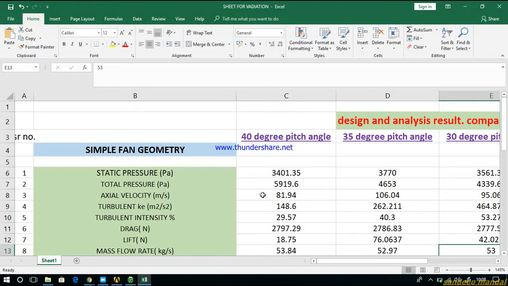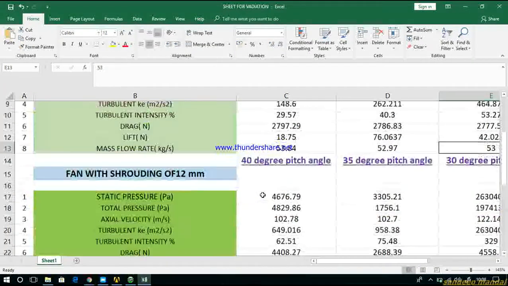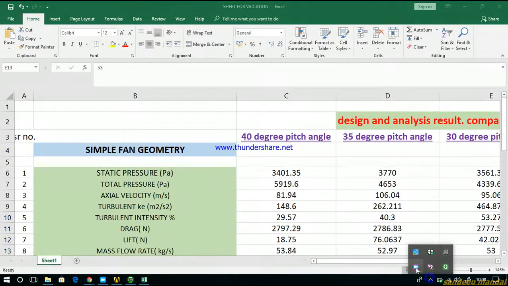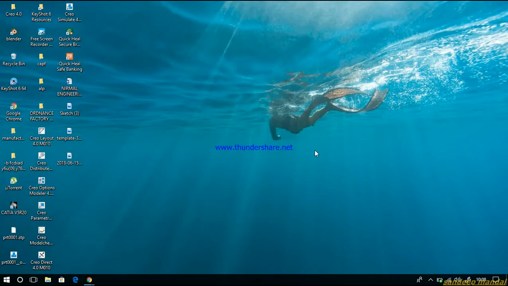There are different other fans also. In this way you can design a fan, and by calculating different parameters for different fans, you can evaluate or compare results for different fans. And note one thing, you have to reduce the turbulence level very precisely.